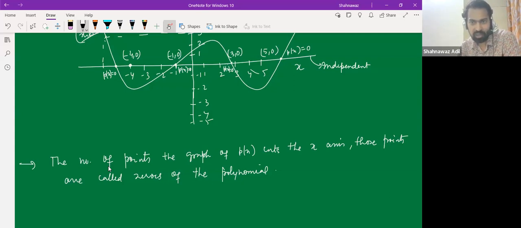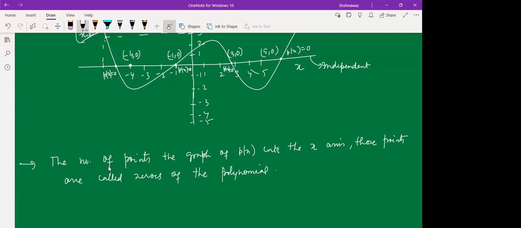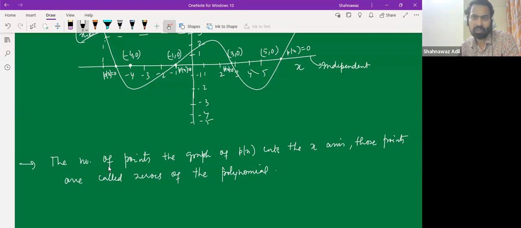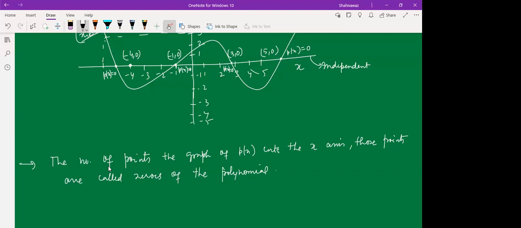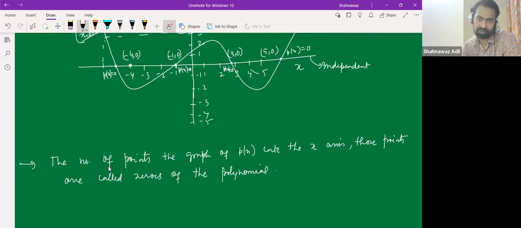The important thing to remember is that a polynomial doesn't contain negative powers or fractional powers. After that, we talked about the solutions of the polynomial, the graphical solutions, and we saw that whenever the graph cuts the x-axis, that represents the zeros of the polynomial. Is that clear, guys? Yes.